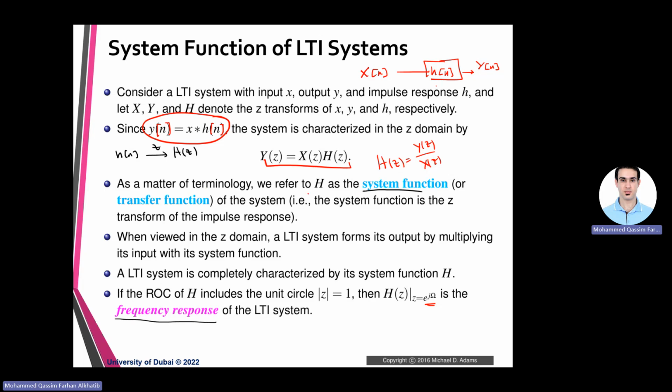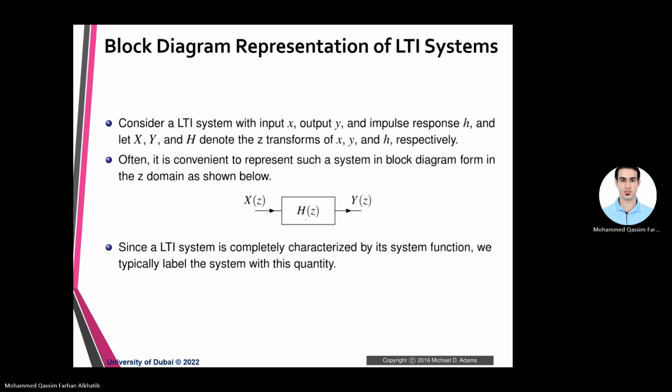Okay, system function, pretty much the same details as we did in the Laplace transform. So the LTI system is completely characterized by the system function. It is always that the region of convergence includes the unit circle for causality. All right, so this is the block diagram we just applied.